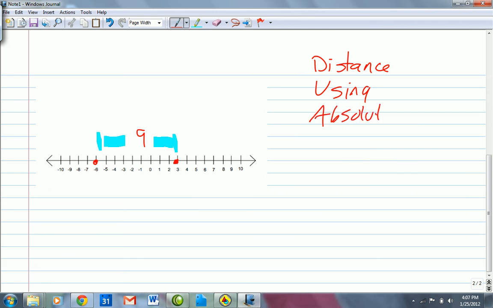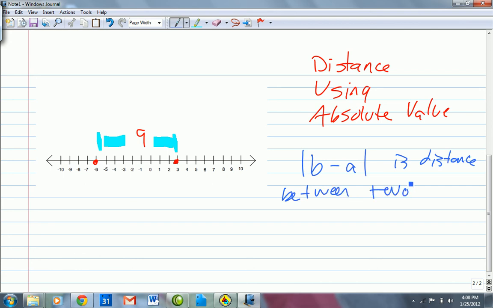So the basic idea is this: to express the distance between 2 numbers, a and b, it's just the absolute value of b minus a, and it doesn't really matter the order, because we're going to take the absolute value anyway. So going back to that example we just talked about, here's negative 6 over here, here's 3.